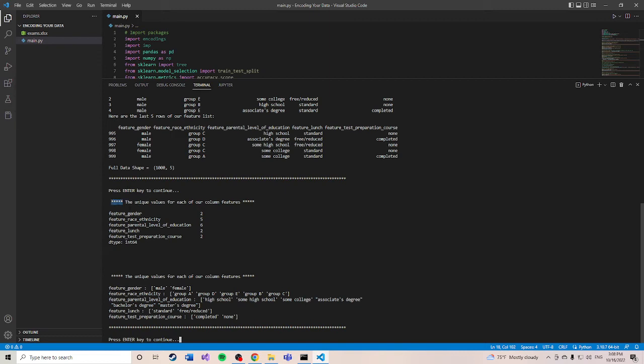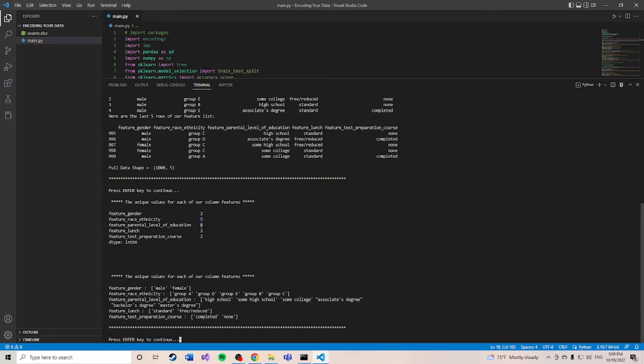So now we are at the unique values for each of our column features. So for each of our features, it's going to tell us what we have total. So we have obviously 2 genders. There were 5 race ethnicities that the program data set was looking at.